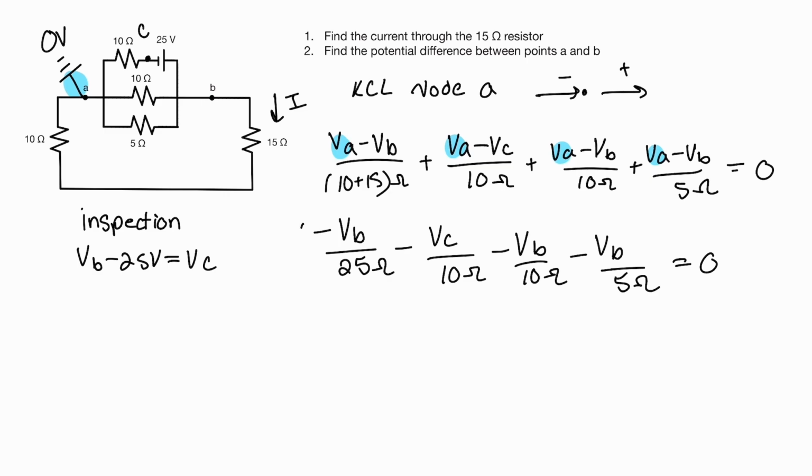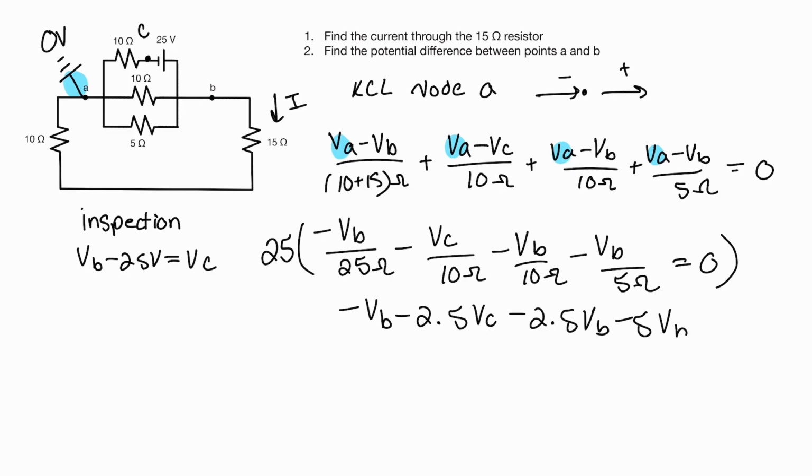So if we multiply all of these by 25, we'll get negative VB minus 2.5 VC minus 2.5 VB minus 5 VB equals 0. And then next, we just want to condense. So then we end up with negative 2.5 VC minus 8.5 VB equals 0.